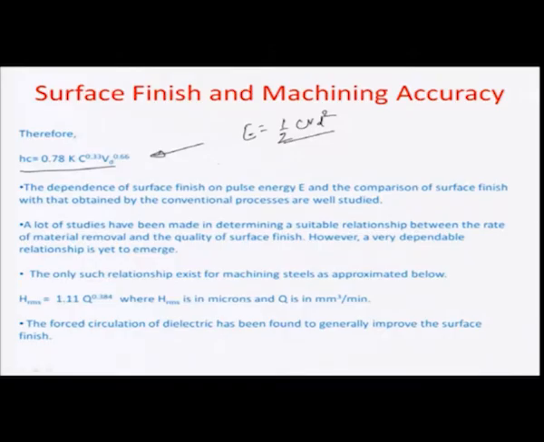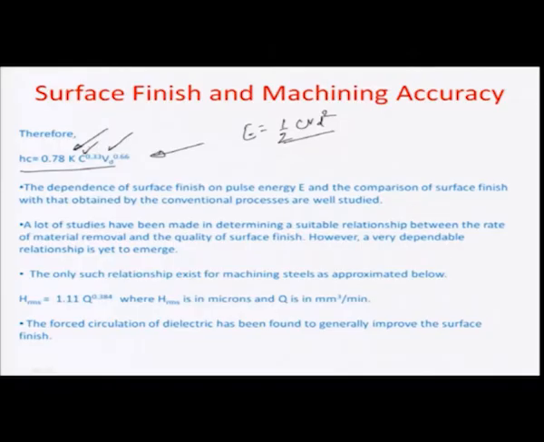K is again that constant of proportionality, which in case of copper was observed to have the value 4, and thus this is how HC varies with respect to capacitance and also Vd, the discharge voltage, which is closely related to the operating voltage characteristic.